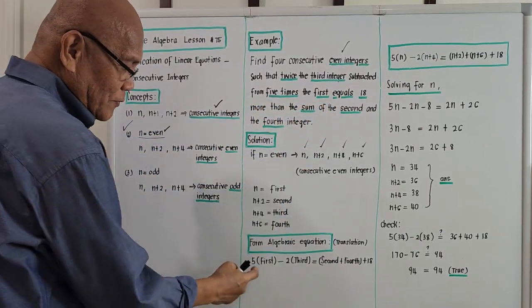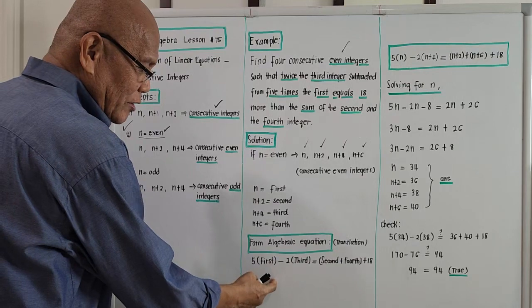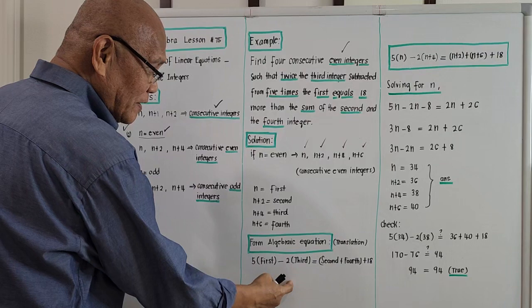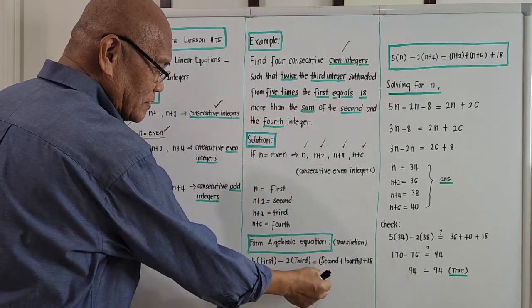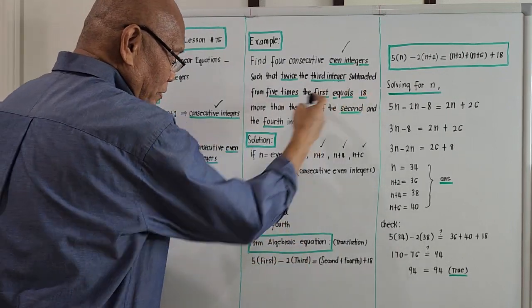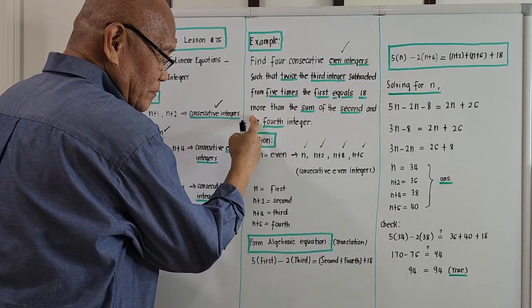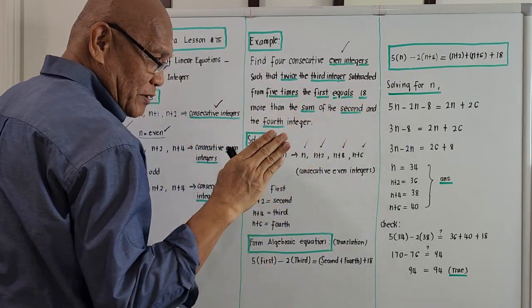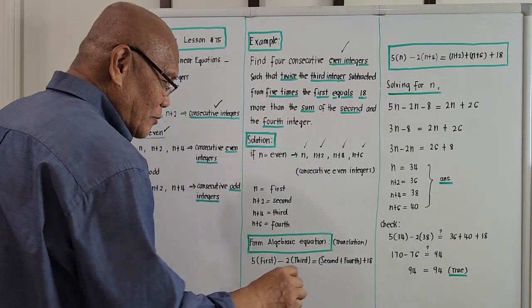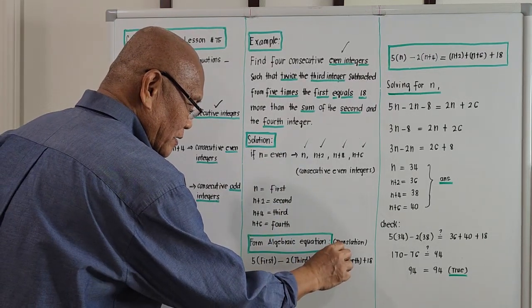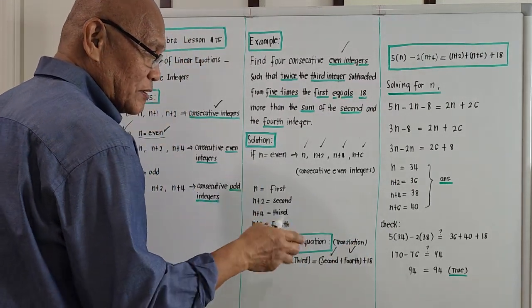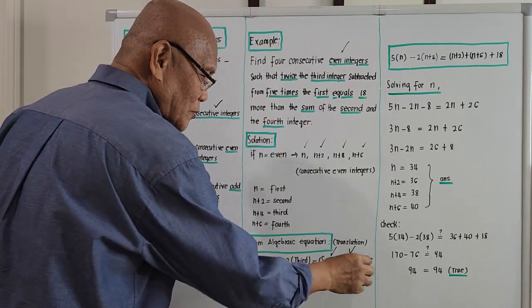So 5 times the first, we subtract twice the third, equals, there's an equality sign, to 18 more. But before this 18 more, there is the sum of the second and fourth. Sum of the second and fourth is just the second number plus the fourth number. It says it is 18 more, so this is plus 18.